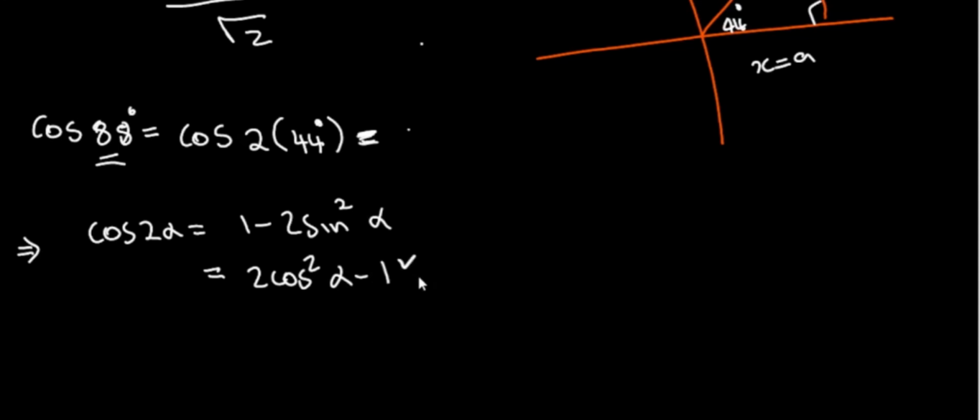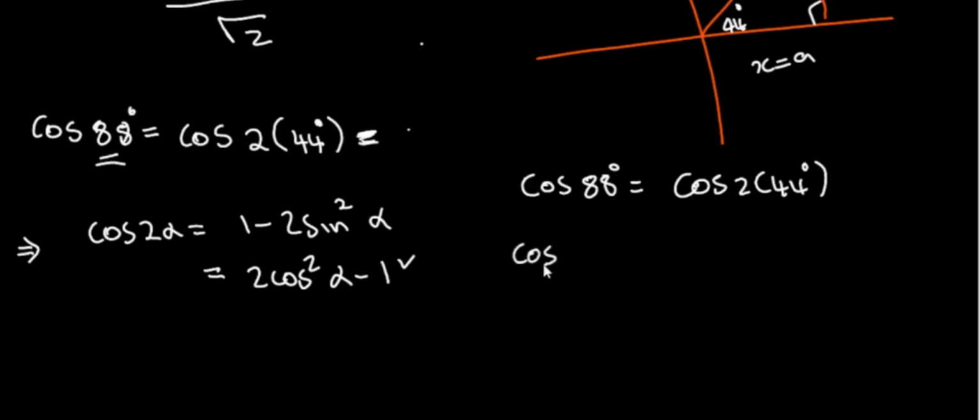I'm going to go with the second one, and say that the cos of 88 degrees is equal to the cos of 2 inside the bracket 44 degrees. Okay, so far so good. So now the cos of 2 inside the bracket 44 degrees, we can write this as 2 the cos squared of 44 degrees minus 1.